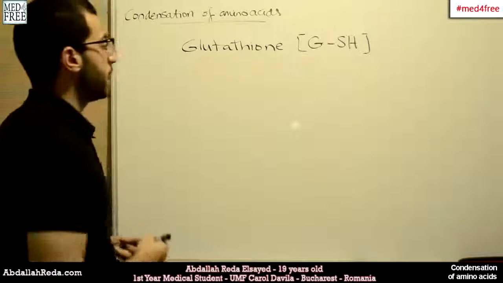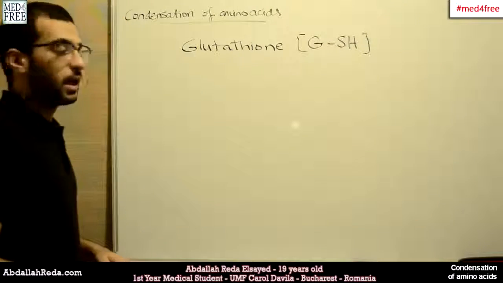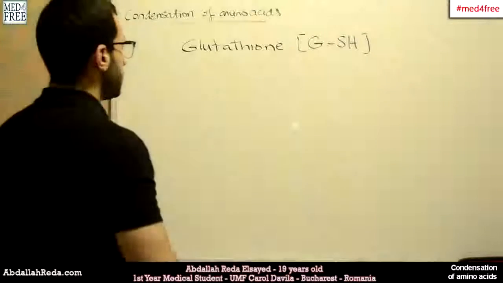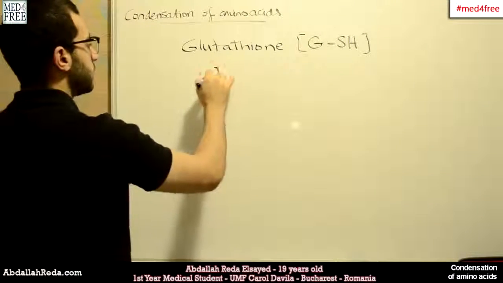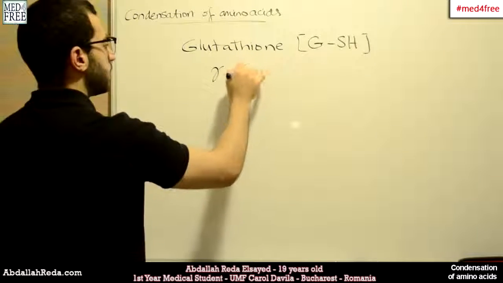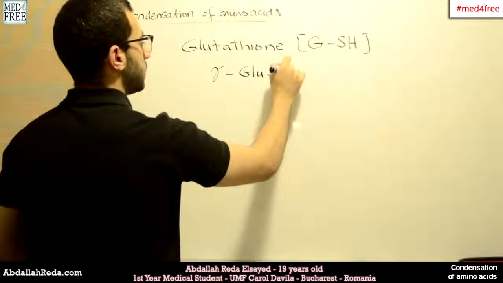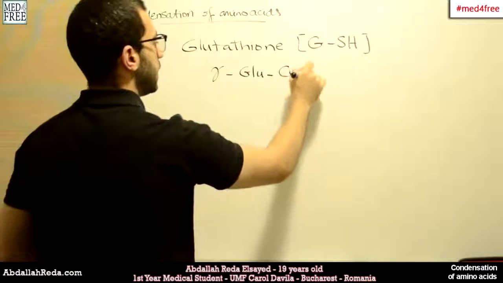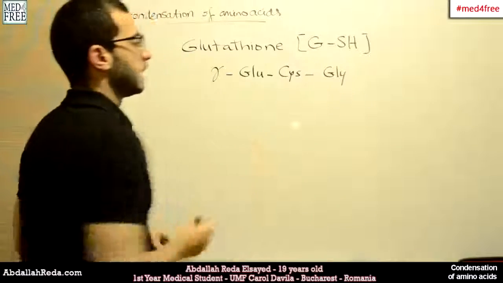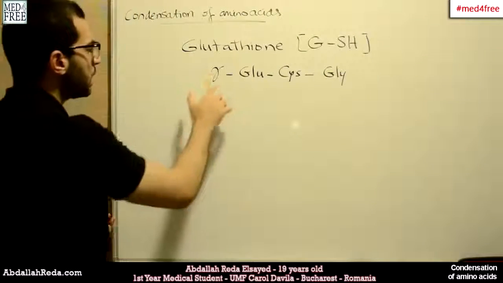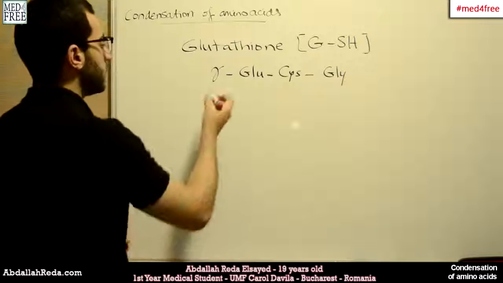This peptide chain is a little bit different from the other peptide chains, because we write it like this: gamma, glutamic acid, cysteine, and glycine. So what does that mean? What is the gamma?